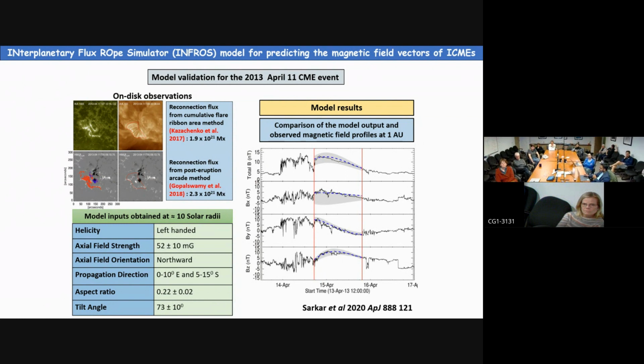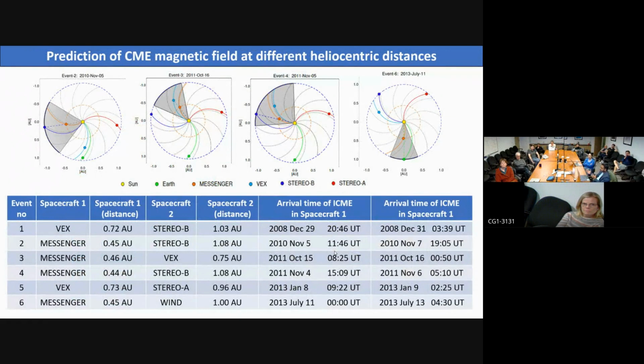And we have also extended this work for several events where a CME is encountered by radially aligned multiple spacecraft at different heliocentric distances. So in a way, that will be a 2-point validation at two different heliocentric distances.